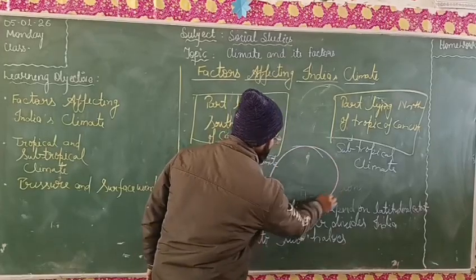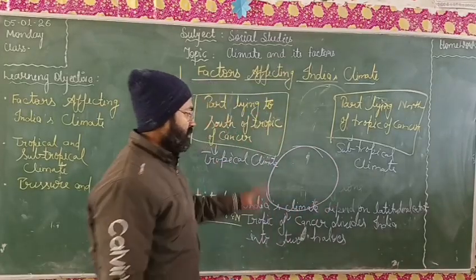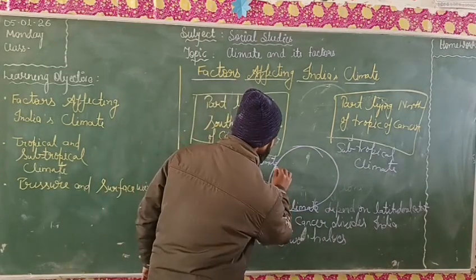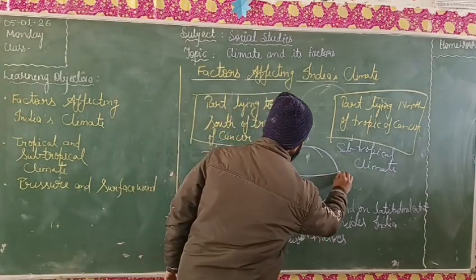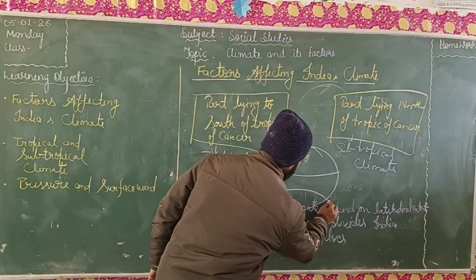See, suppose this is the Earth, and here we have the Tropic of Cancer and the Tropic of Capricorn.